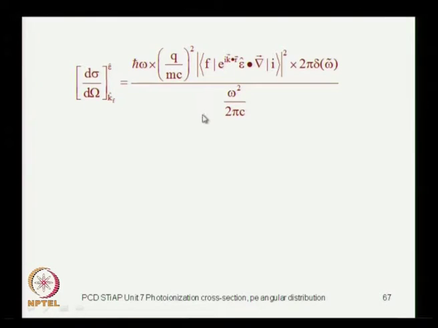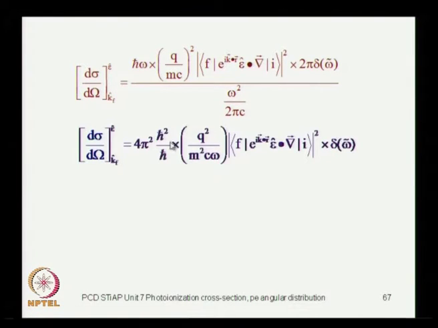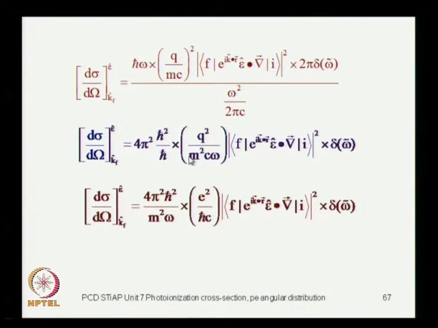So, the A0 square is gone, and by a slight rearrangement of these terms, by taking omega square and twice pi c to the numerator, you rewrite it in a somewhat convenient form and extract the fine structure constant e square over h cross c.